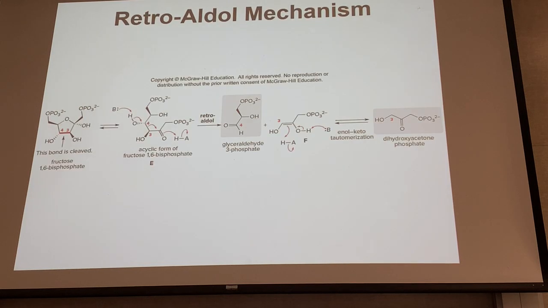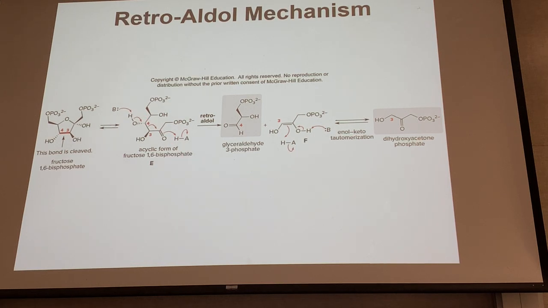And that retroaldol mechanism is shown here. It's best seen in the open chain form. We have this equilibrium here. And the acyclic form of fructose 1,6-bisphosphate has a beta hydroxy ketone.